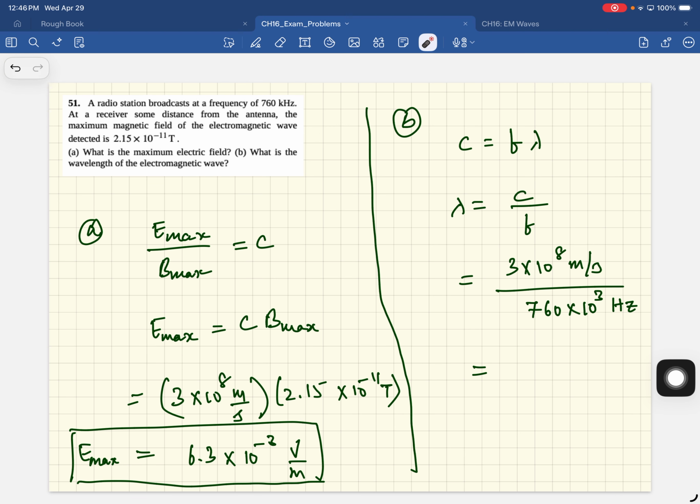So the wavelength is about 0.5 kilometer, roughly from here to Mainland High School. That's the wavelength.